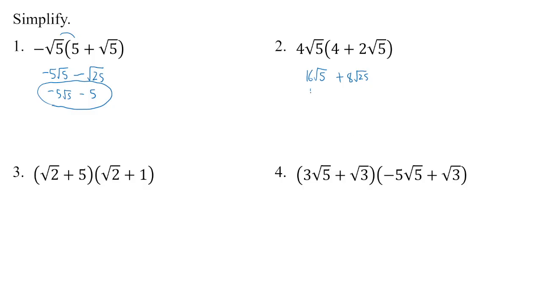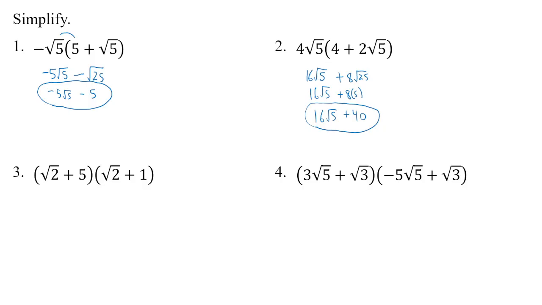Now you can take the square root of 25, which is 5, and 8 times 5 is 40. Therefore, your final solution is 16 times the square root of 5 plus 40.